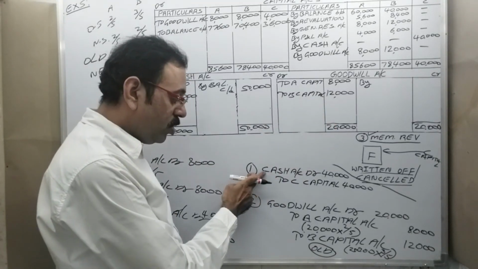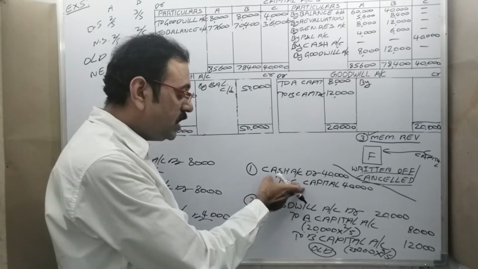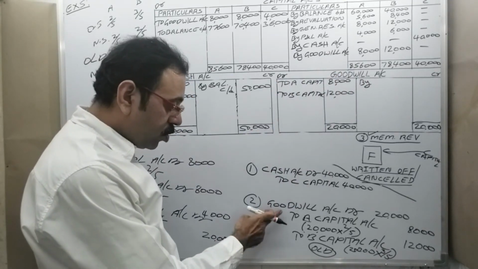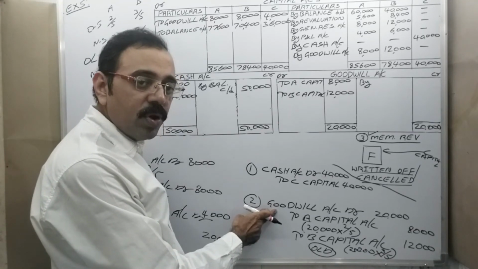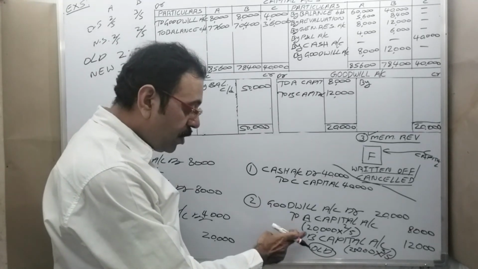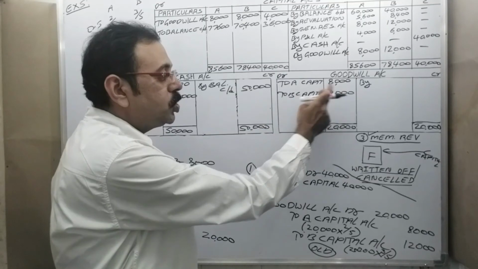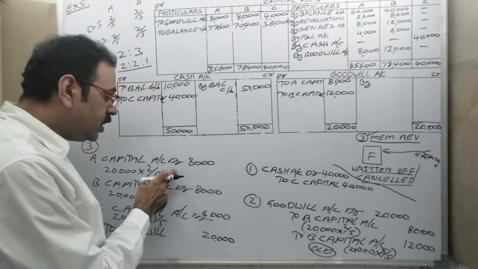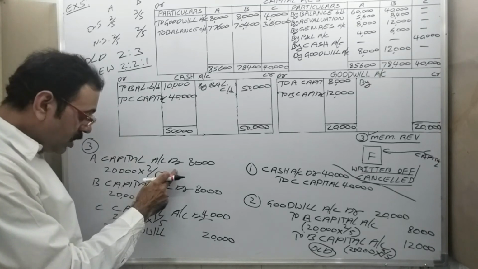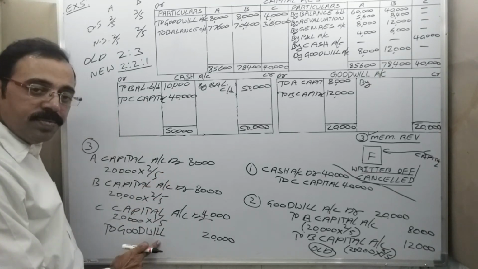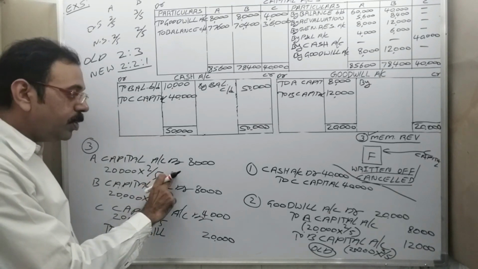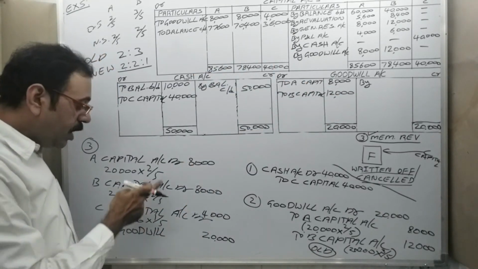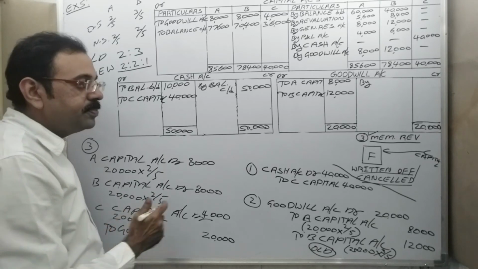First entry, goodwill is not there, so first entry we should not post in goodwill account. Second entry, goodwill is in debit, therefore debit side, to A capital, to B capital, these two amounts, just like revaluation method. Now come to third entry, new one. Here credit side goodwill is there now. So this entry will be posted in credit side of goodwill account. What to write? Debit side account names we should write.